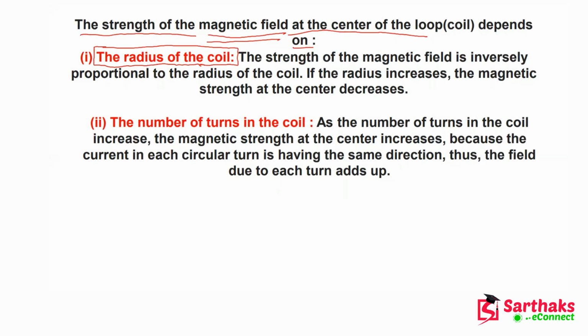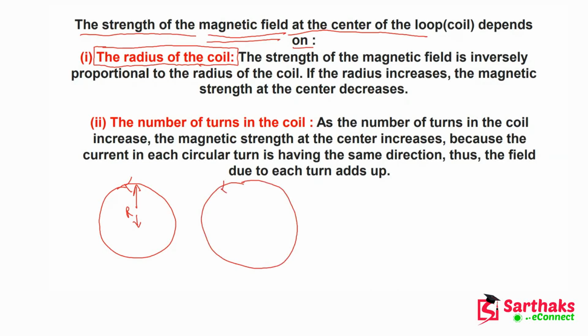So let's suppose this is your circular loop and this is your current going like this. Let's suppose the radius of this circle is R. Now let's take another circle, a bigger one.